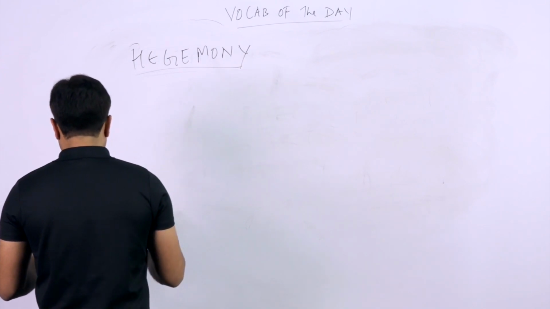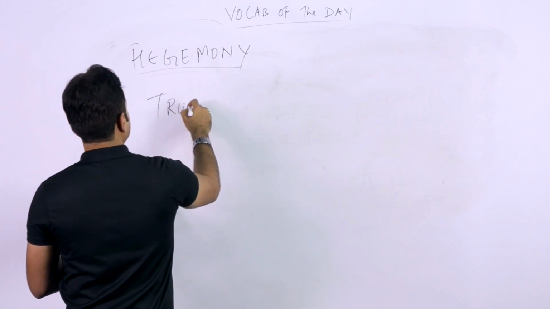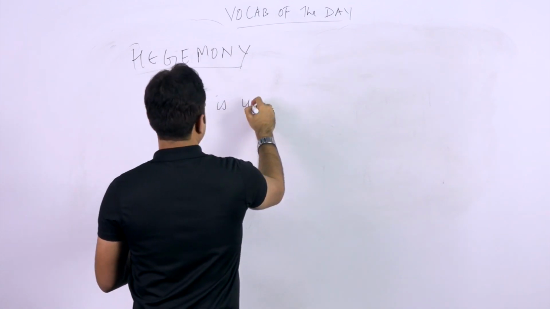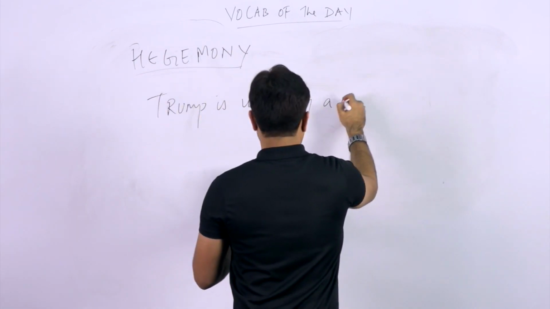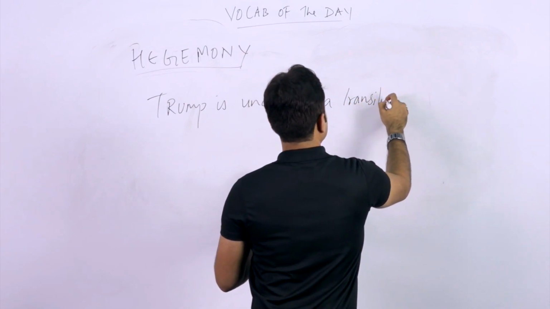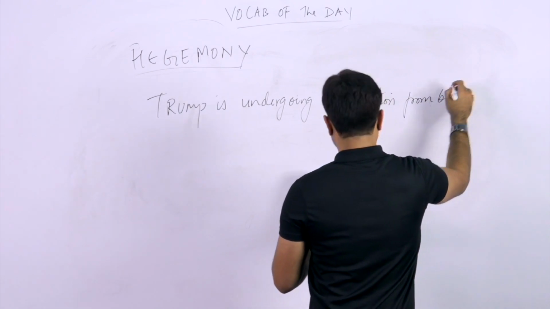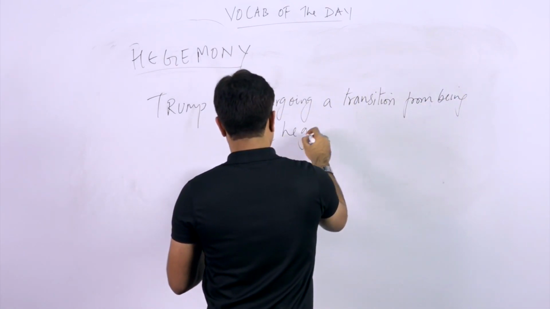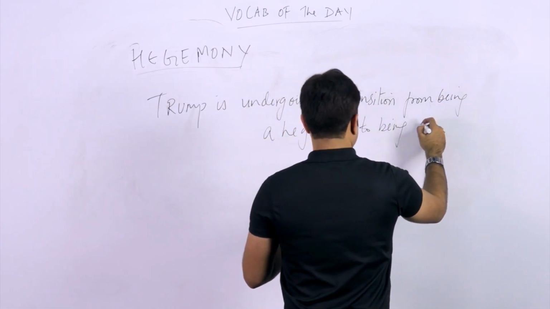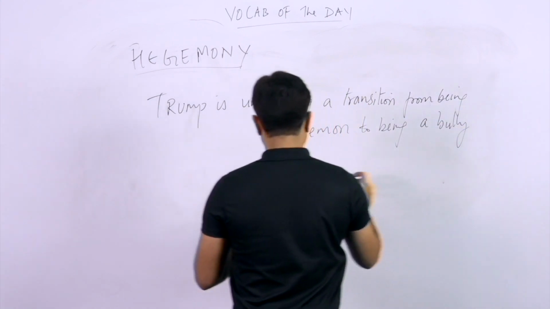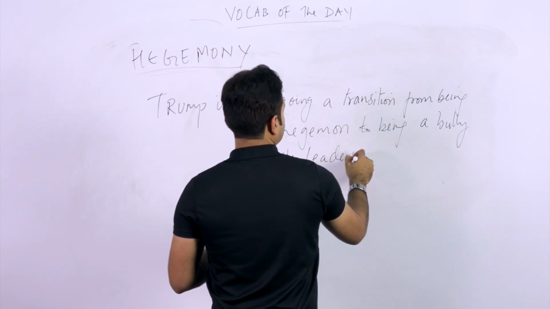Okay, the word is Trump, sentence is: Trump is undergoing a transition from being a hegemon to being a bully in its leadership role.